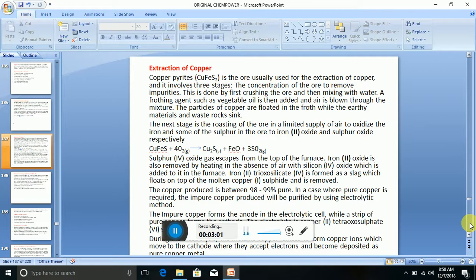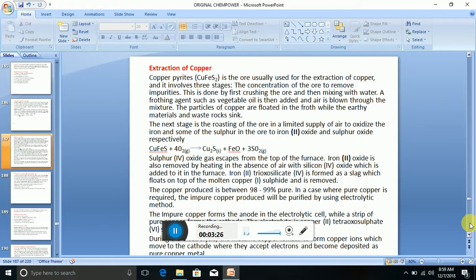This is done by first crushing the ore and then mixing with water. A frothing agent such as vegetable oil is then added and air is blown through the mixture. The particles of the copper are floated in the froth, while the earthy materials and waste rocks sink.